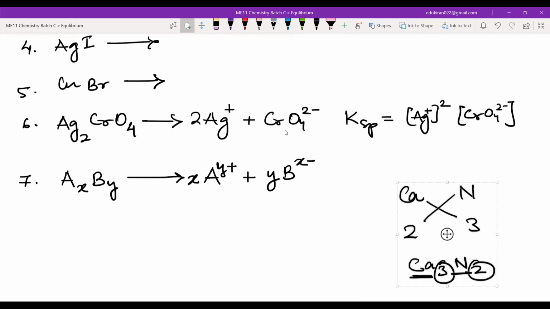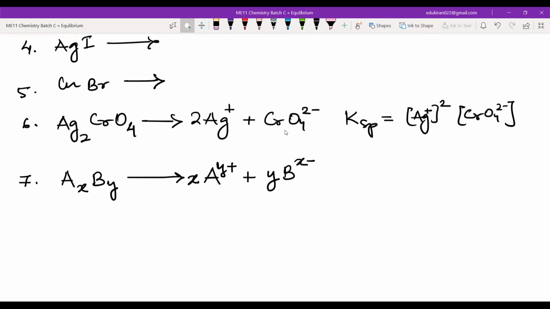Now remember this, Ksp will be equal to the concentration of A to the power Y positive, to the power X, because of the stoichiometric coefficient. Again, here you will have B to the power X negative, and in this power you will have the Y term, because you have the stoichiometric coefficient Y.